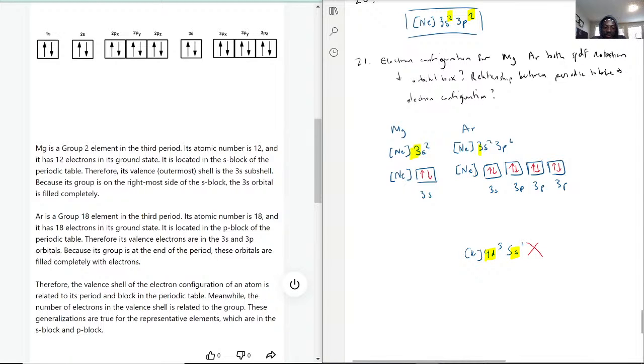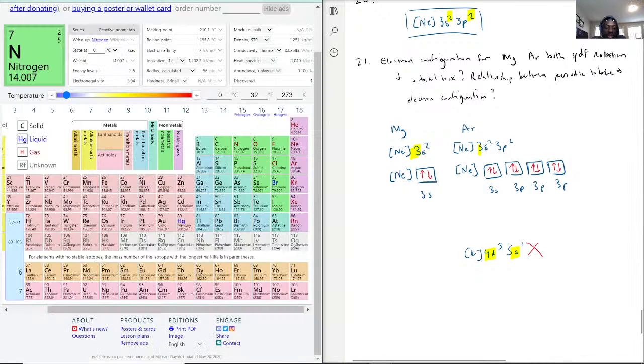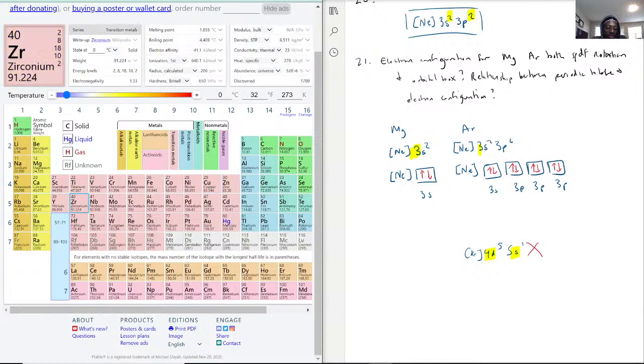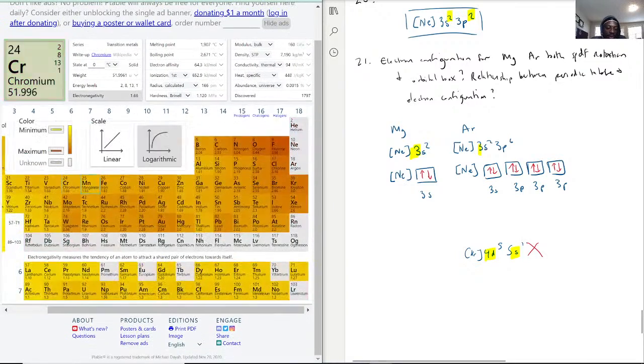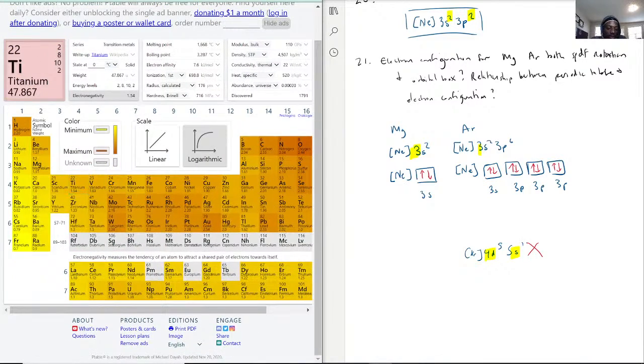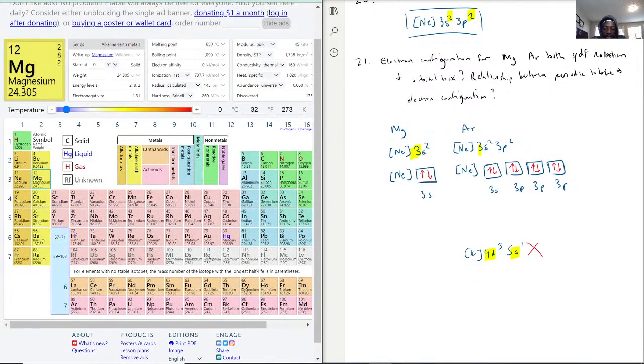So when I said 5s1, even for that example, you know that you at least start on the 5th row, because remember that D shells are one less than the shell number. So it was in the 5th row for that example. Because magnesium and argon are both on the 3rd row, that explains why we have 3s2.